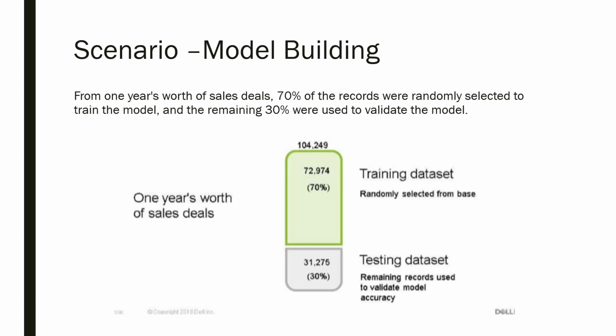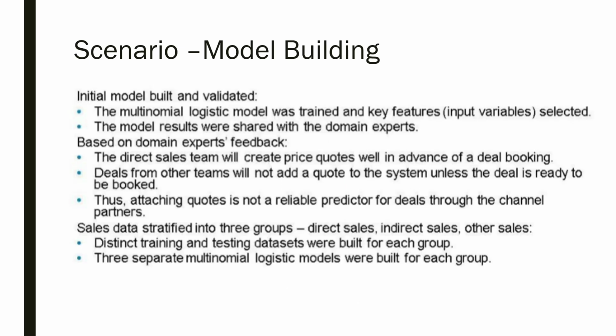Okay, within our model itself, we've got 104,000 different cases. We've separated 70%, so 72,000, into our training data set, and we've got 31,000 for our testing data set. We've also built an initial multinomial logistic model based on domain expert feedback.